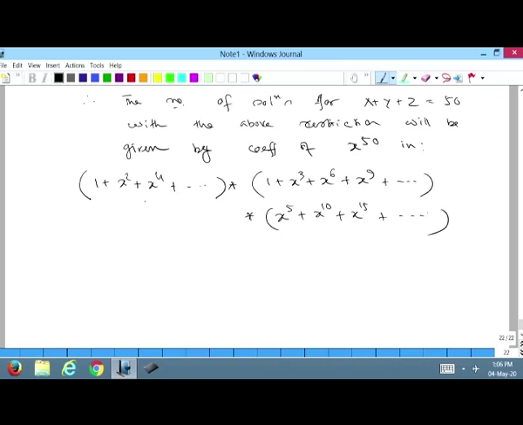If we multiply these 3 power series and obtain the coefficient of x to the power 50, that is going to be the solution to this problem.